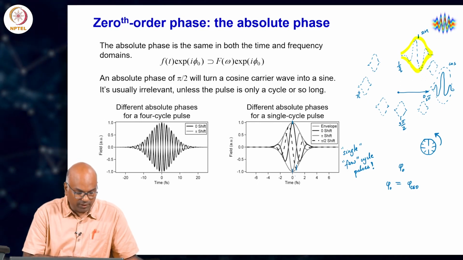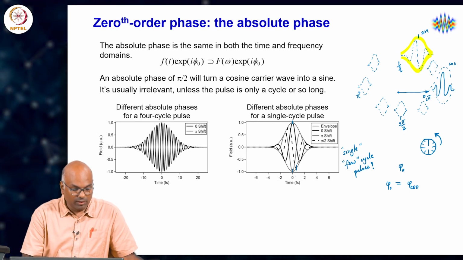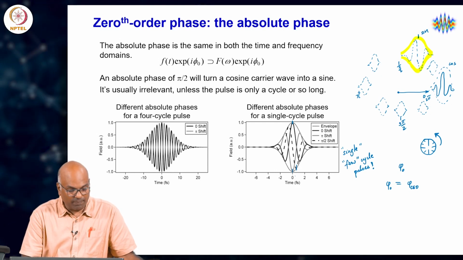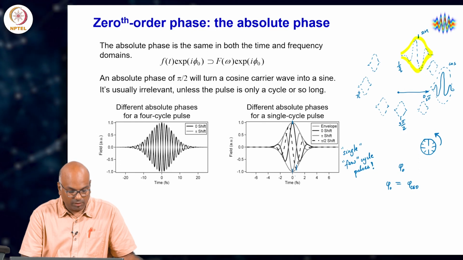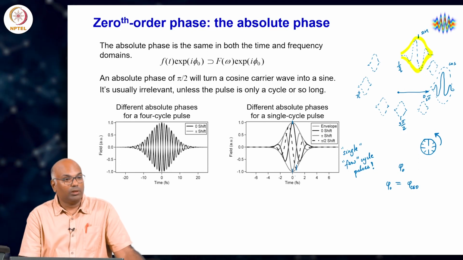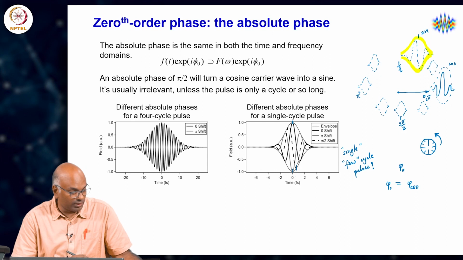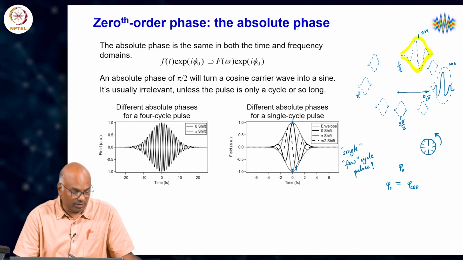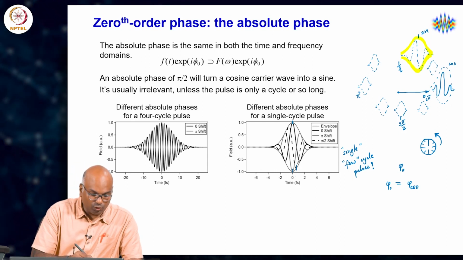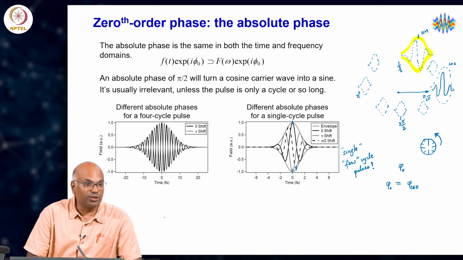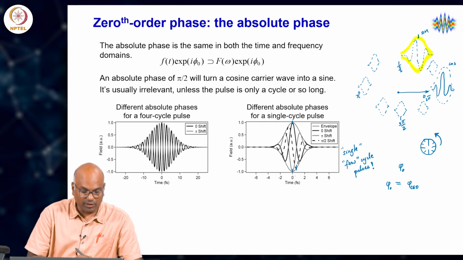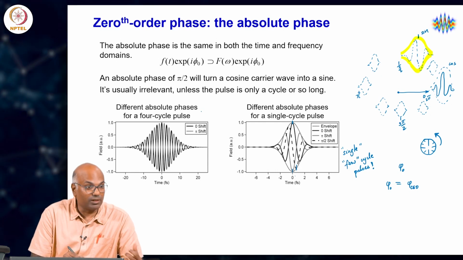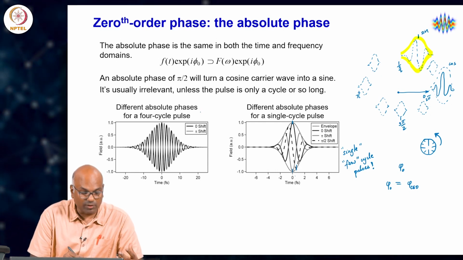Whereas, on the other hand, if you take this 4 cycle pulse, it still plays a role. However, with some insight or experience, we can envision that since there are so many cycles underneath the envelope, the change in the shape of the electric field in the case of these 4, which is still very few cycles for the pulse, is not as dramatic.